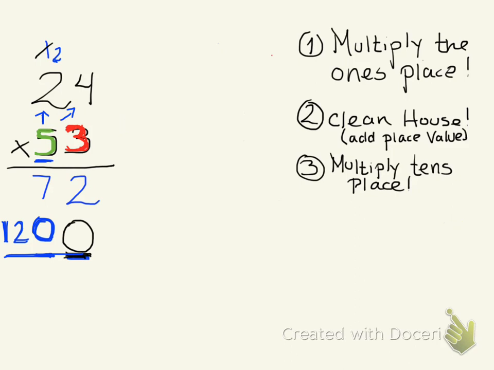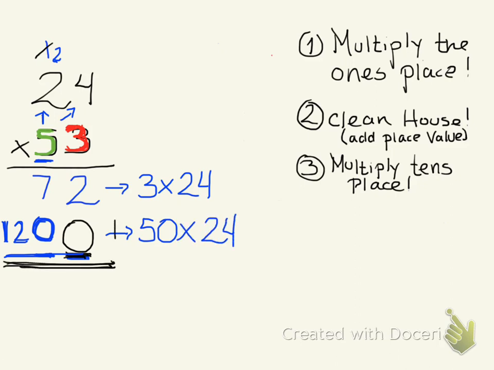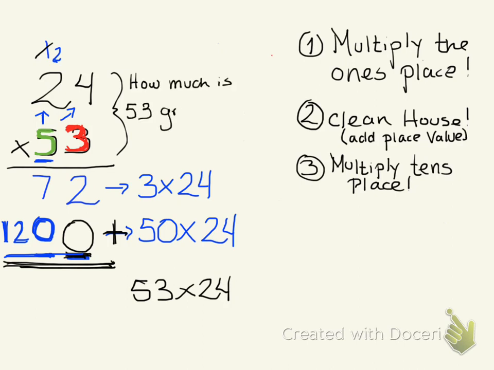Okay, so what do we do now? Well, we have our 3 times 24, and we have our 50 times 24. Really, what we're being asked to find at the very beginning was 53 times 24. Right? So what we want to do is add these two groups together, because that would answer the question, right? We wanted to know how much was 53 groups of 24.